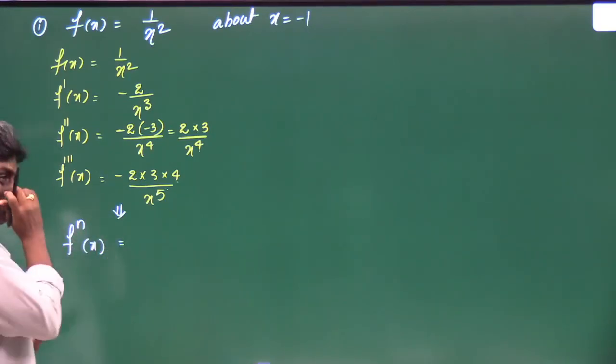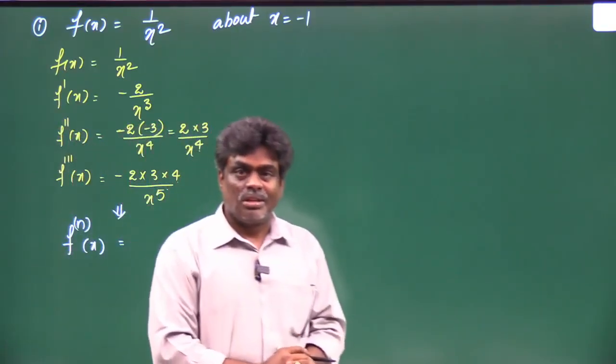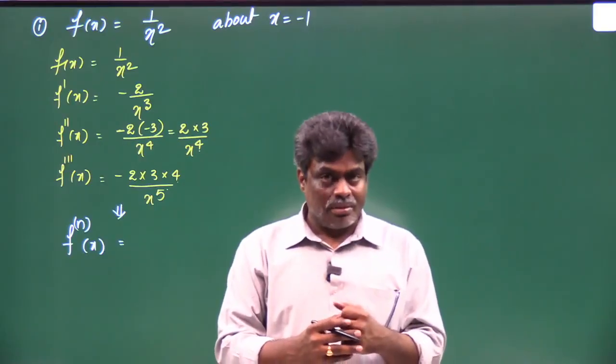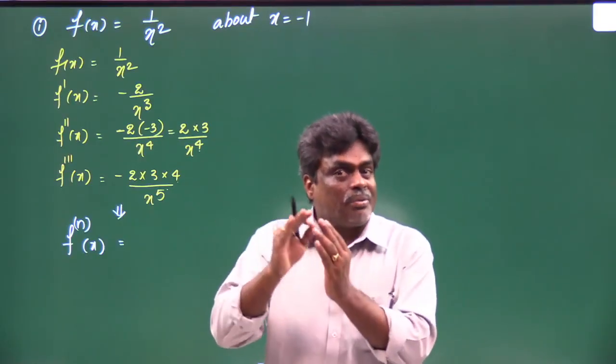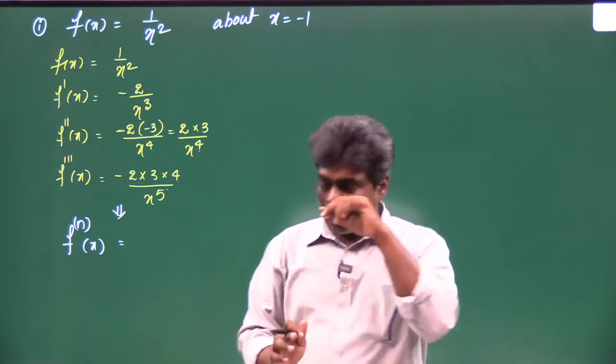So directly we will substitute in the expansion, that is summation over n of x minus a whole power n, nth derivative of f at x equal to a, by n factorial.